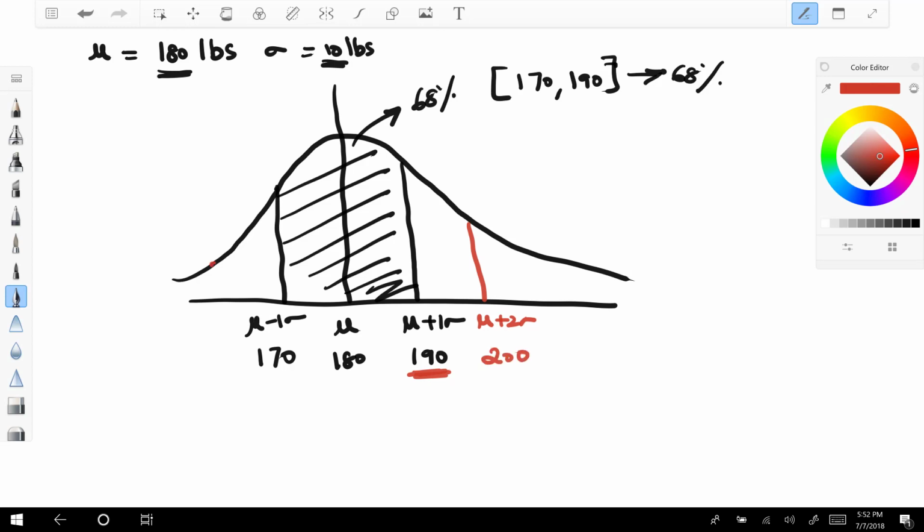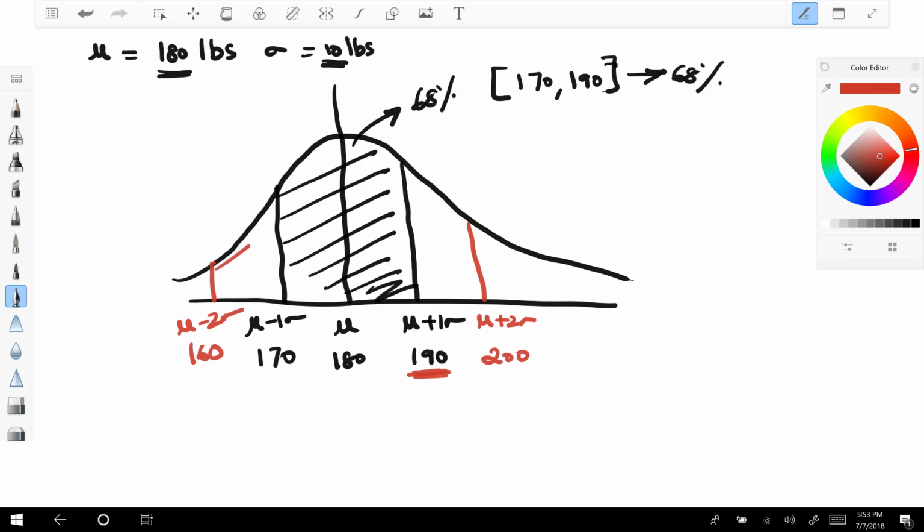Mu minus 2 sigma on the other side is 180 minus 2 times 10, which gives us 160.